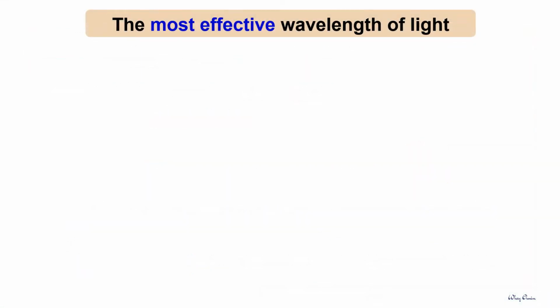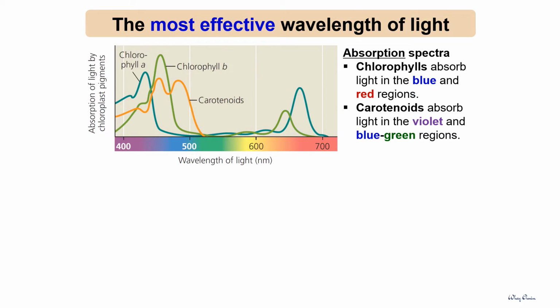Scientists have identified the most effective wavelength of light, which means the specific wavelength of light that is able to promote photosynthesis. On the x-axis here, we have the visible light from violet, blue, green, yellow, orange, and red, which ranges from the shortest wavelength of 400 nanometers to around 700 nanometers.